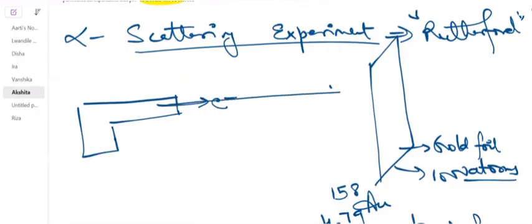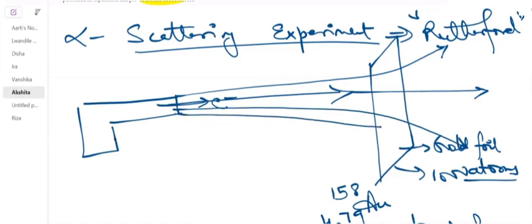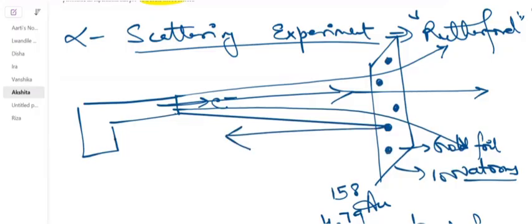When it shoots, what he observed is that some are passing directly, some are getting deviated, whereas some are just bouncing straight back, exactly at a 180-degree bounce back.